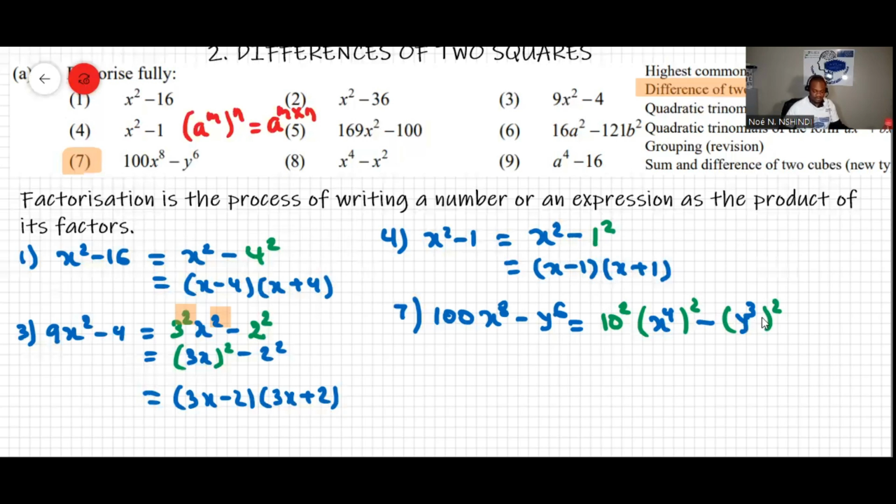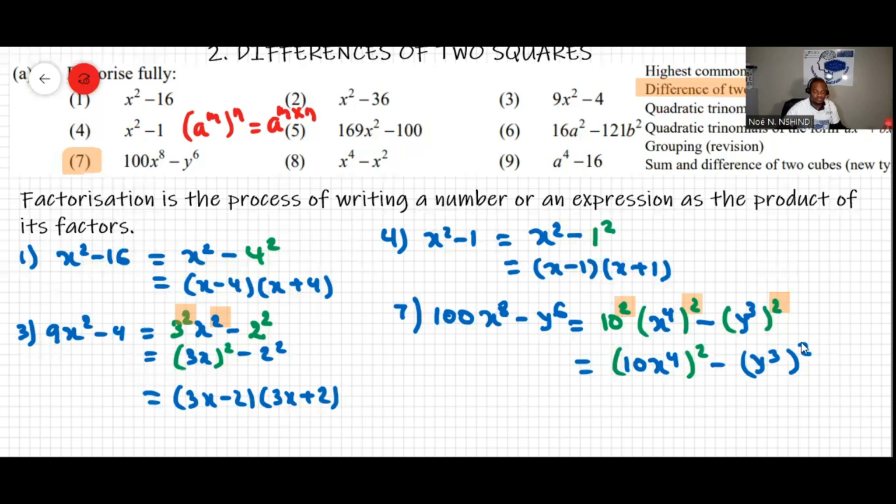Now that the exponents here are common, we can write 10x to the power of 4, all to the power of 2, minus y to the power of 3 to the power of 2.